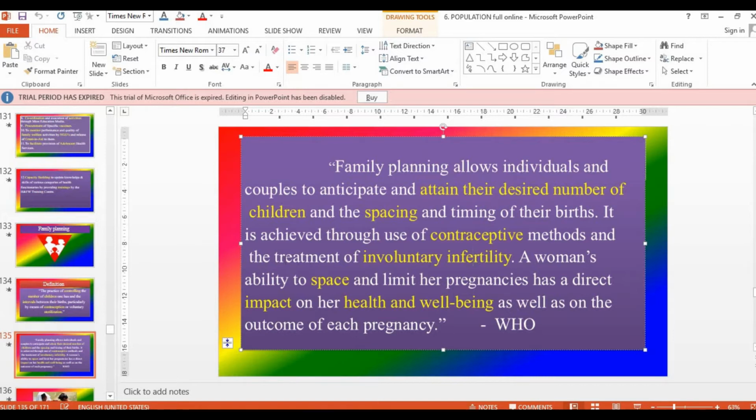So this is added: infertility is treated through the family welfare program, the family planning program.